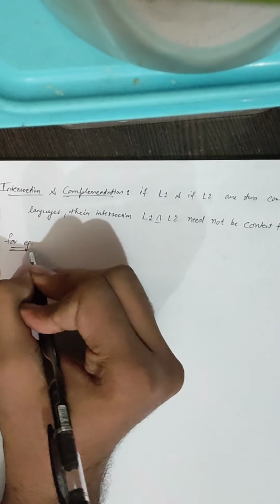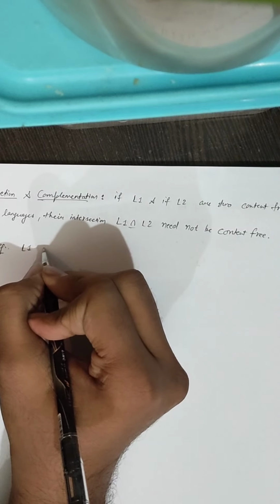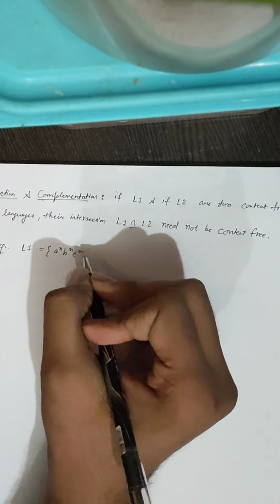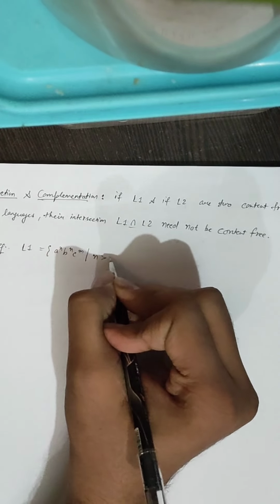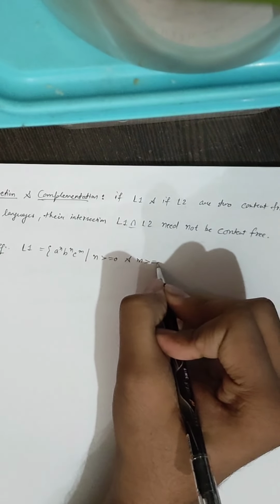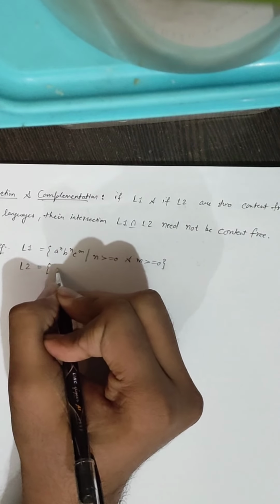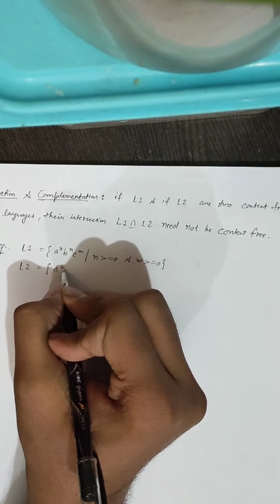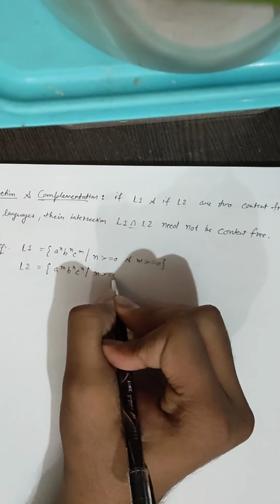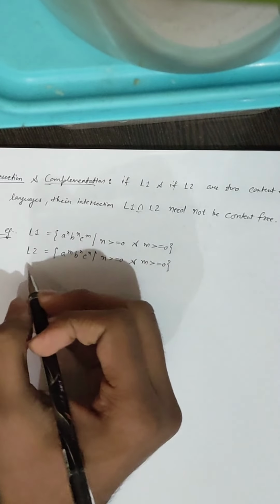For example, L1 is equal to a^n b^n c^m, where n is greater than or equal to 0 and m is also greater than or equal to 0. L2 is equal to a^m b^n c^n, where n is greater than or equal to 0 and m is also greater than or equal to 0.